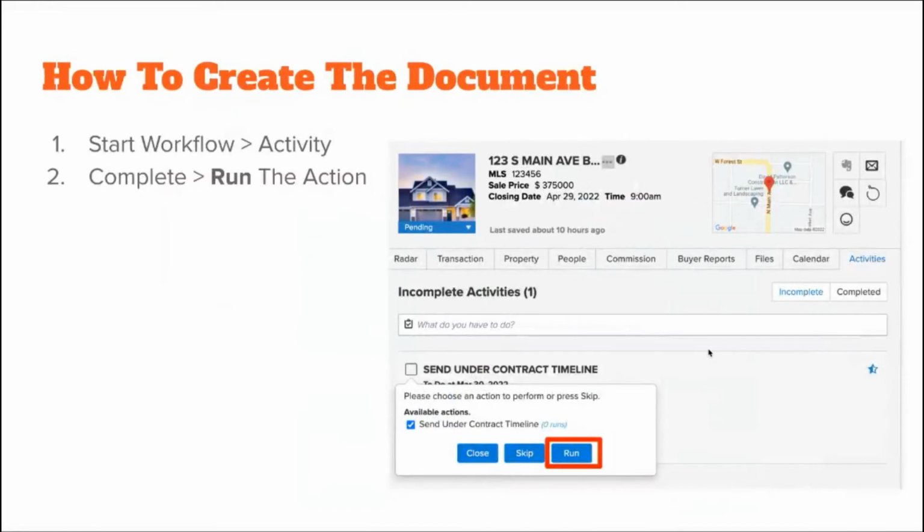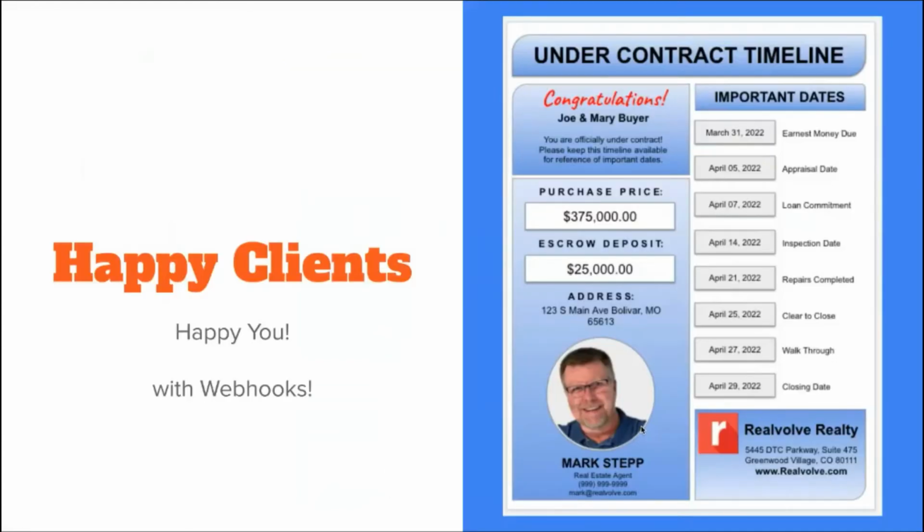You're good. So ultimately, it's just a matter of every time this workflow comes up, you click on the run option and it goes out and creates it. And that's it. That's the benefit of a webhook, allowing that work to be done. Now, I don't know how long it might take.